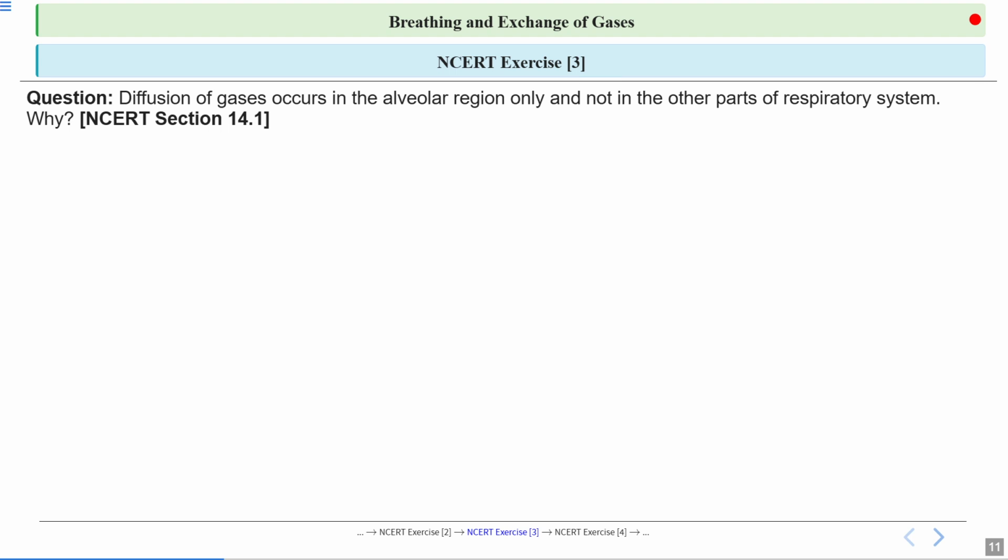In which part of the alveolar region does the exchange of gases, meaning diffusion, take place, right? And why? The question is why. NCERT section 4.4.1 is there, right? Let us see the answer of this question.